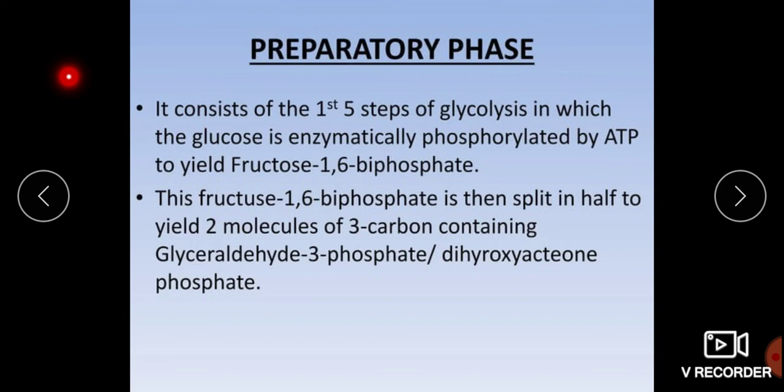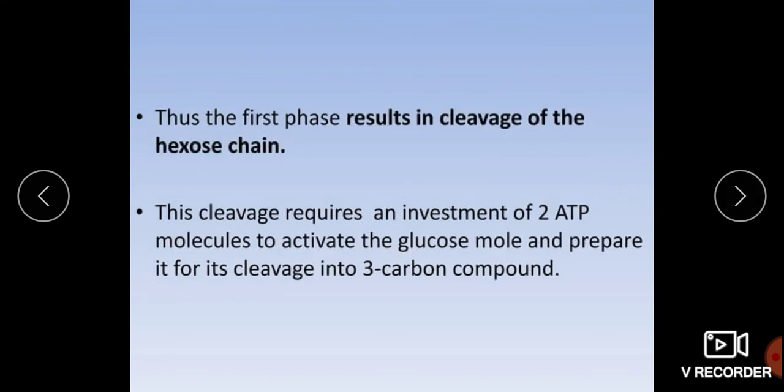These two compounds are 3 carbon compounds. Thus, the first phase results in cleavage of a hexose chain, and this cleavage requires an investment of 2 ATP molecules.